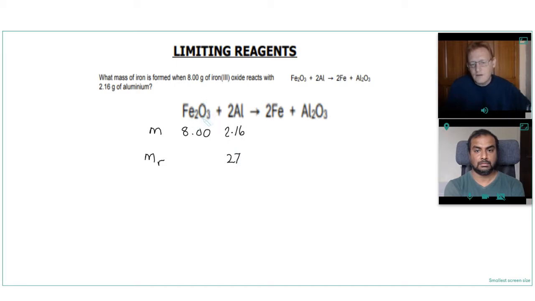And for iron oxide we've got 2 irons and 3 oxygens. So we'll need to work out that MR, so that's 2 times 55.8, and then add 3 times 16, that's 48.